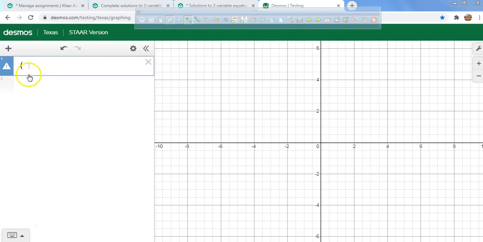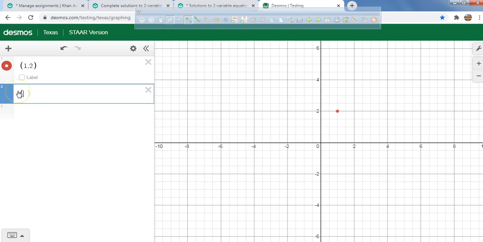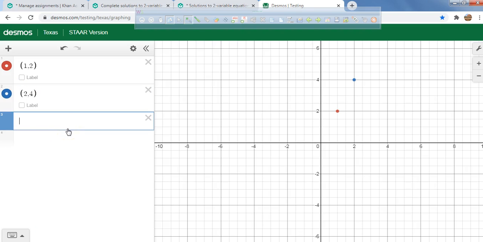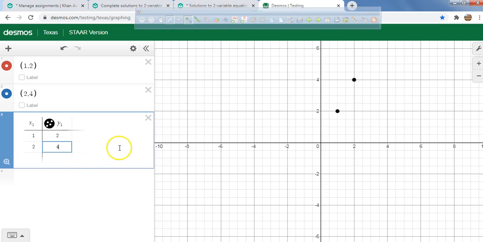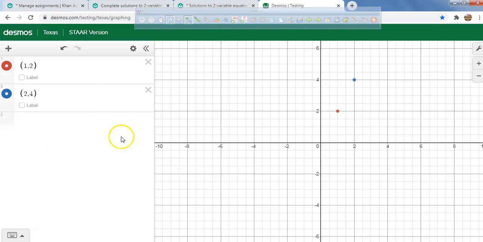You could also make a table with 1, 2, and 2, 4. You could type them in as a table, or type them in individually as ordered pairs. I'm just going to leave them right here.